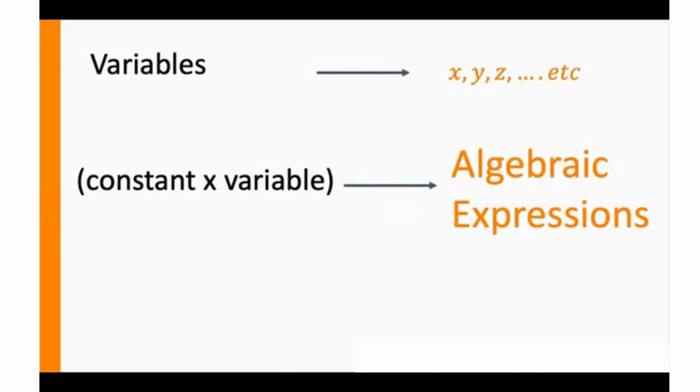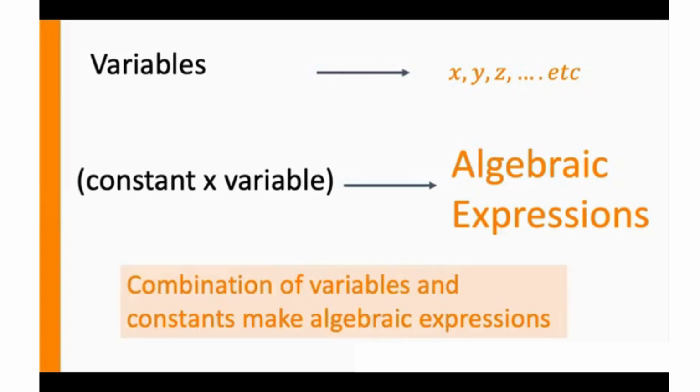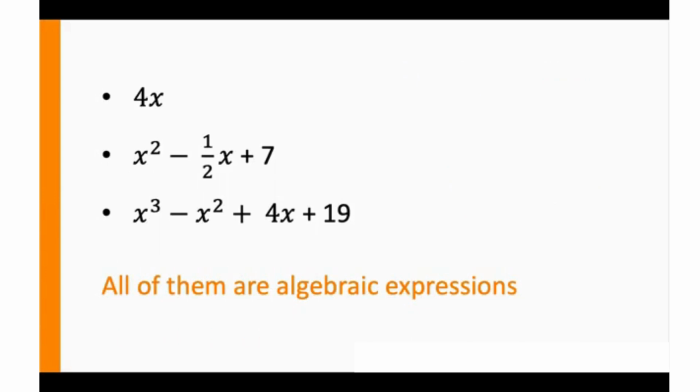As you know, variables are just small letters, but if there is a combination of constants and variables, we call it an algebraic expression. So an algebraic expression is a combination of variables and constants. These are a few examples of algebraic expressions, because you can see here a combination of 4 and x, 4 being a constant and x being a variable. Here also there are constants: -1/2 as coefficient, 7, and 1 as coefficient with x.